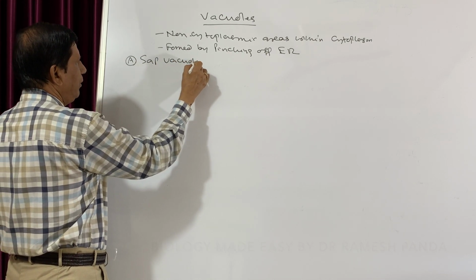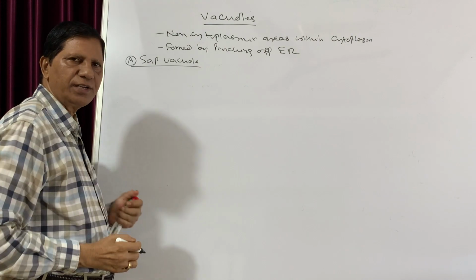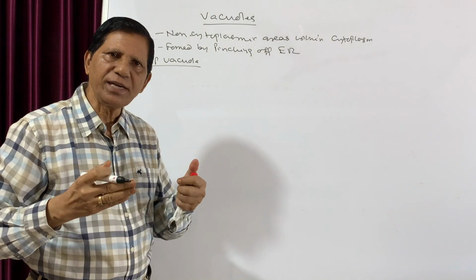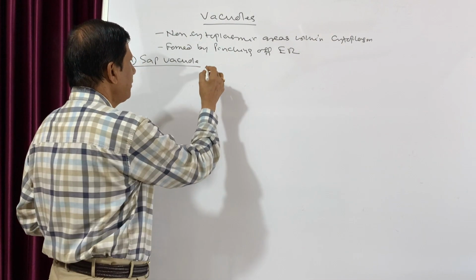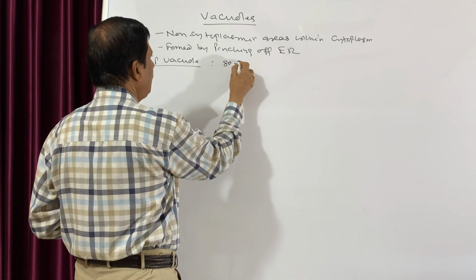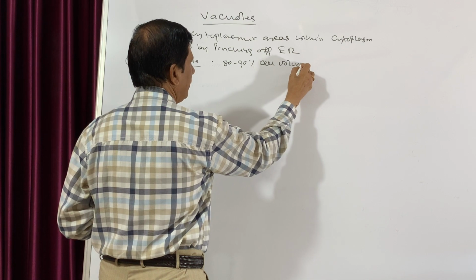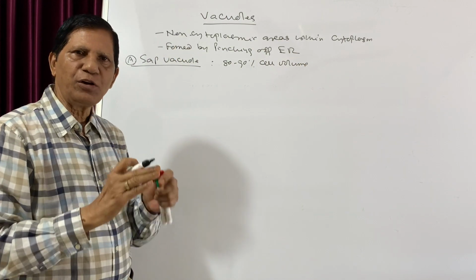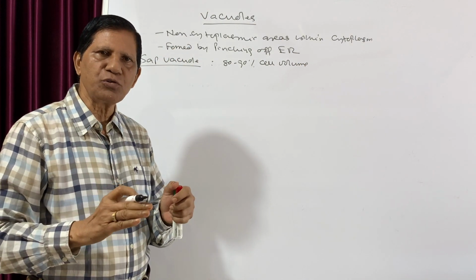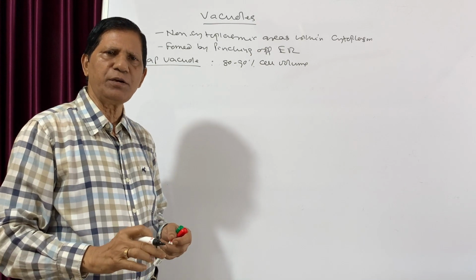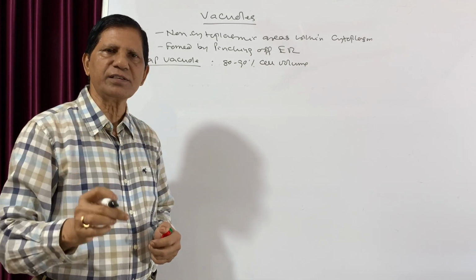The sap vacuole is prominent in plant cells, and it is so big that it covers about 80 to 90% of the cell volume, so the cytoplasm and the nucleus are pushed to the periphery. The cytoplasm is present only in the periphery, just as a line.